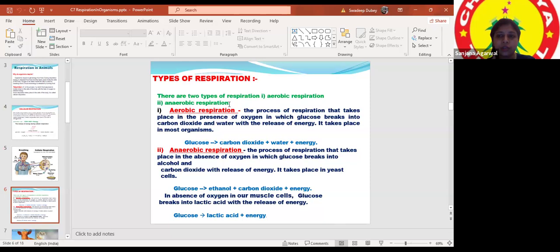We intake oxygen and we give off carbon dioxide. See, right now I'm just sitting and speaking, you people are writing or listening. Our mothers must be busy in the kitchen, or whoever is doing a normal task where not much energy is required. Then our body cells undergo aerobic respiration. With this word aerobic, you can remember the presence of air or presence of oxygen.